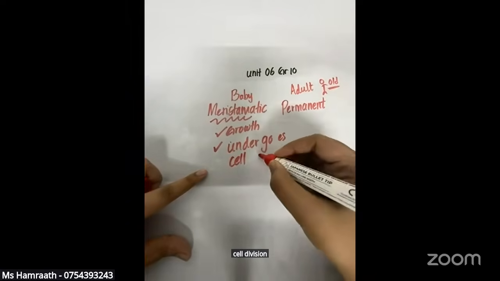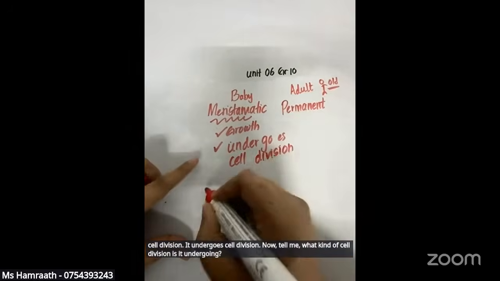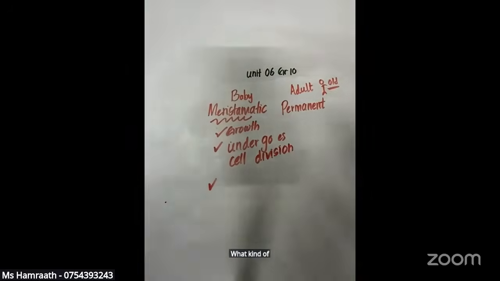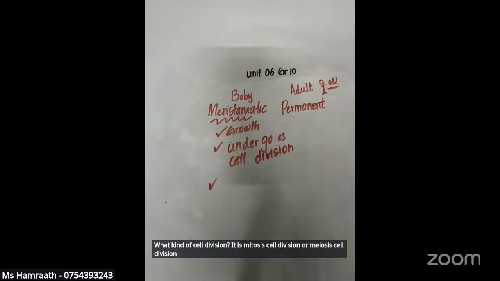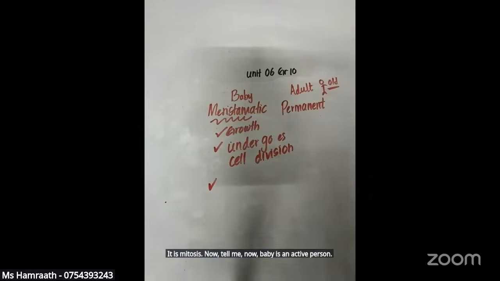Now tell me, what kind of cell division is it undergoing? Mitosis cell division or meiosis cell division? It is mitosis. Now, is a baby an active person or not?